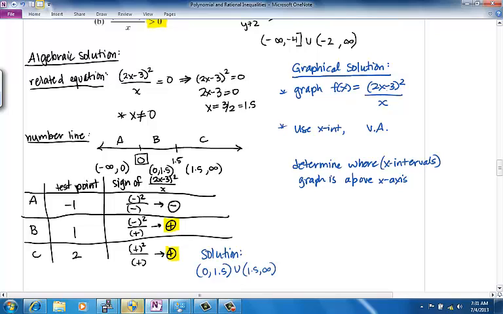So the x-intercepts, zeros of the numerator, would be 1.5, multiplicity 2, and the vertical asymptote would be at x equals 0, and that's multiplicity 1.